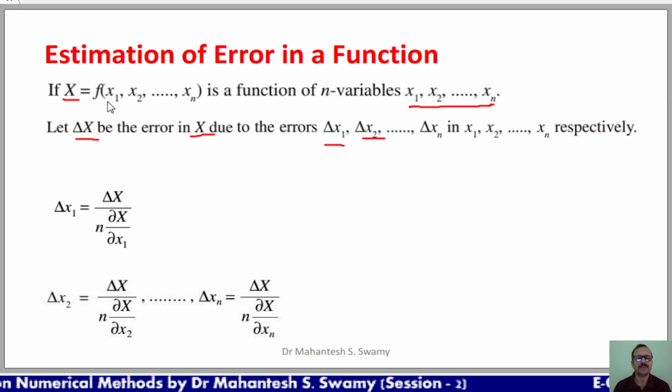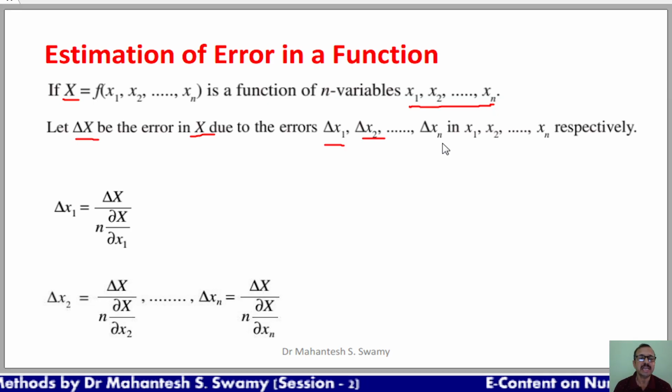Since capital X is a function of x1, x2, ..., xn, if there is an error involved in the independent variables, namely delta x1, delta x2, ..., delta xn, then there will be an error involved in the function capital X, and it is denoted by delta capital X.